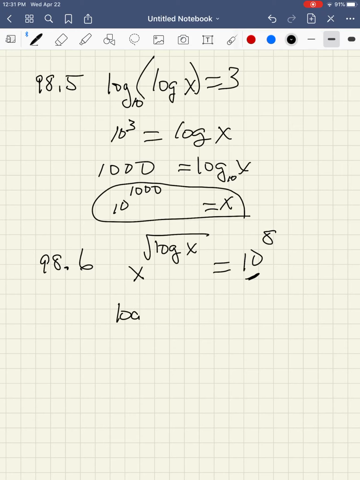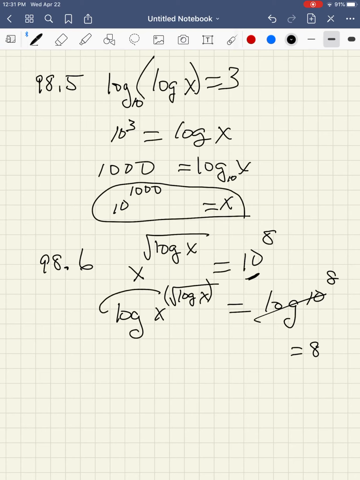That would be log of x to the square root of log of x is equal to log of 10 to the 8th. So this cancels when you have 8 here. This is an exponent, so it's going to get multiplied out in the front. So square root of log of x times log of x is equal to 8.